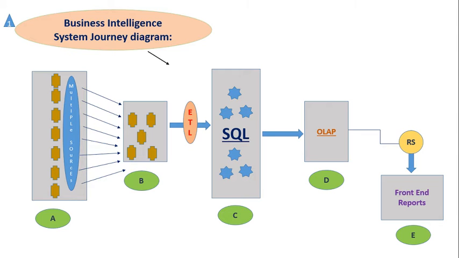That's why C is the organized collection of all the data in a single destination using the ETL process. A few points regarding the C section, the data warehouse: it contains all historic organized data. So now it is easy for us to fetch the data.